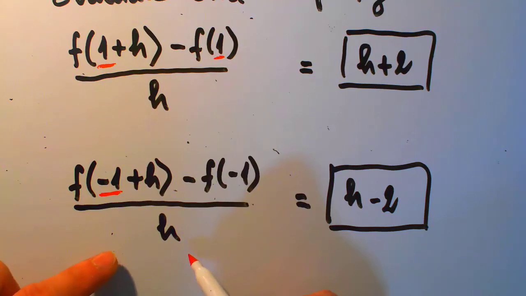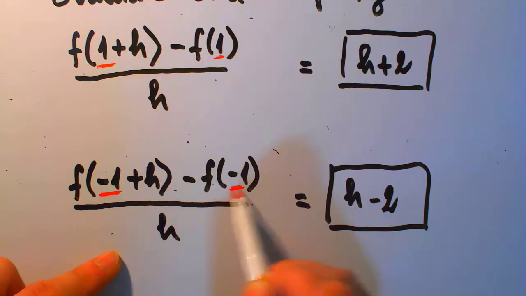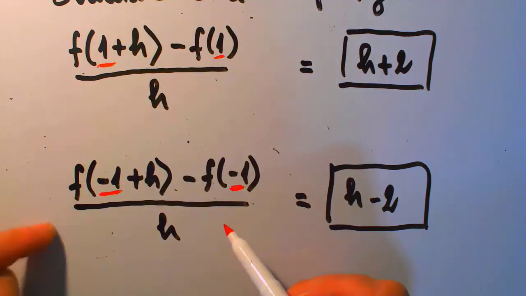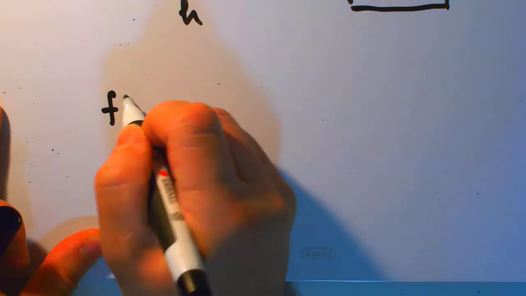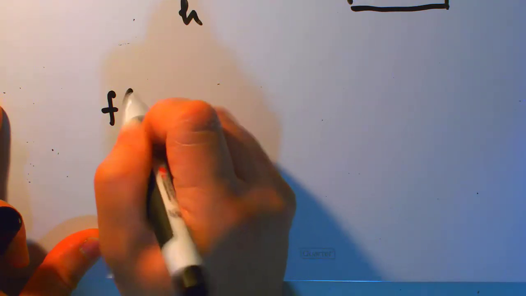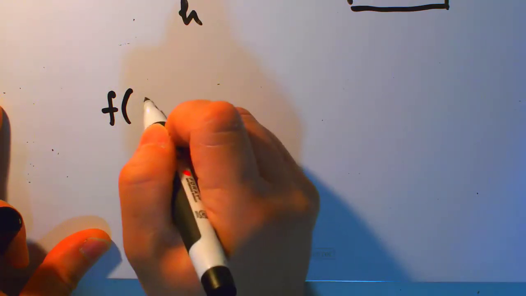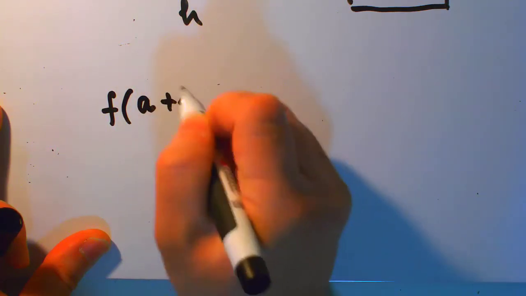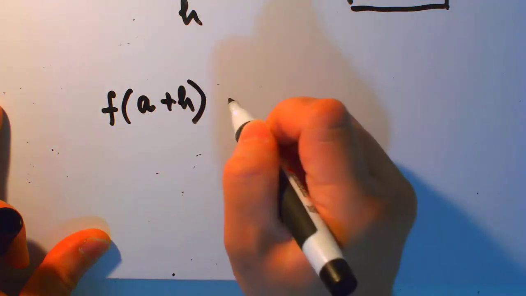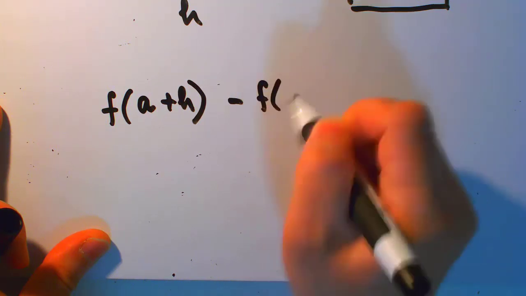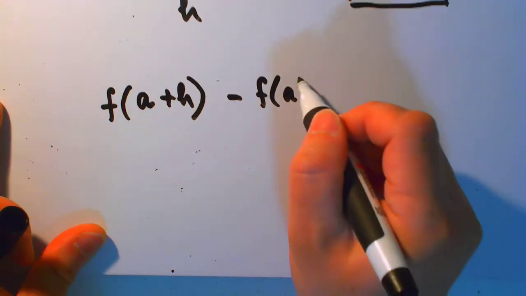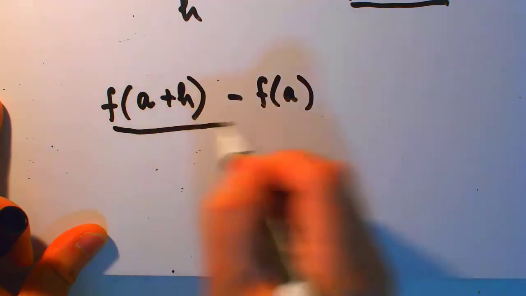So in other words, the two problems we did really were one setup. That one setup was the given function evaluated at some given value a plus h, then minus the function at a again, and we're dividing that by h.